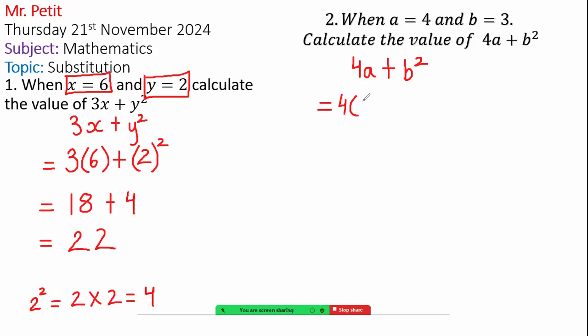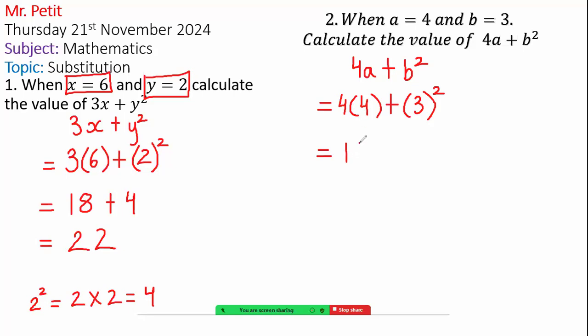A is 4, so 4 times 4, close bracket, plus, what is b? B is 3. It's going to be 3 squared. So what we have here is going to be equal to, what is 4 times 4? 16. 4 times 4 is 16.